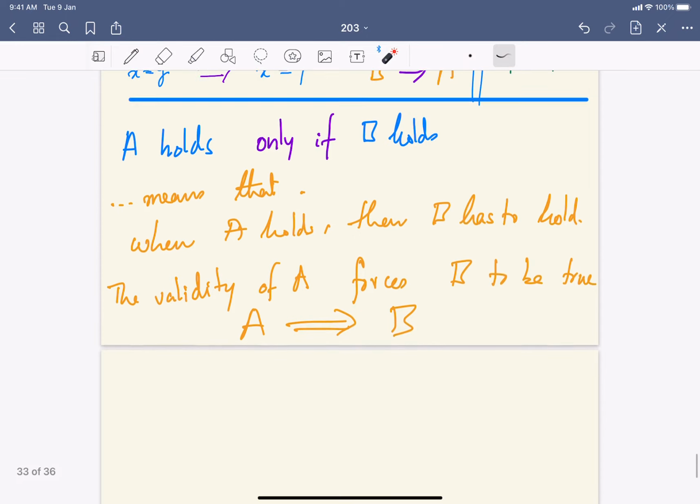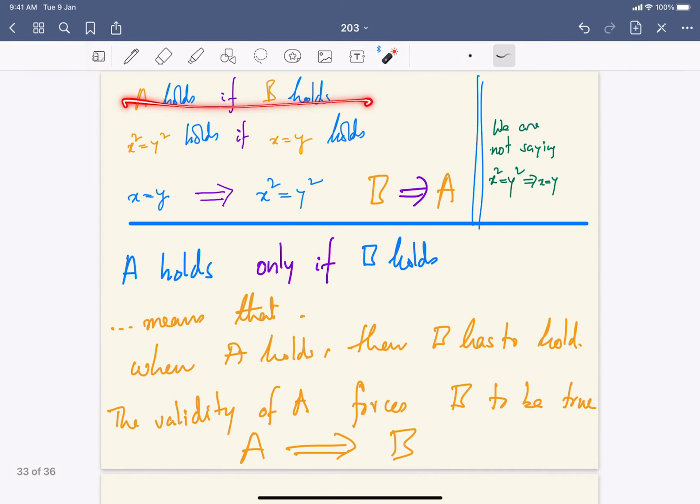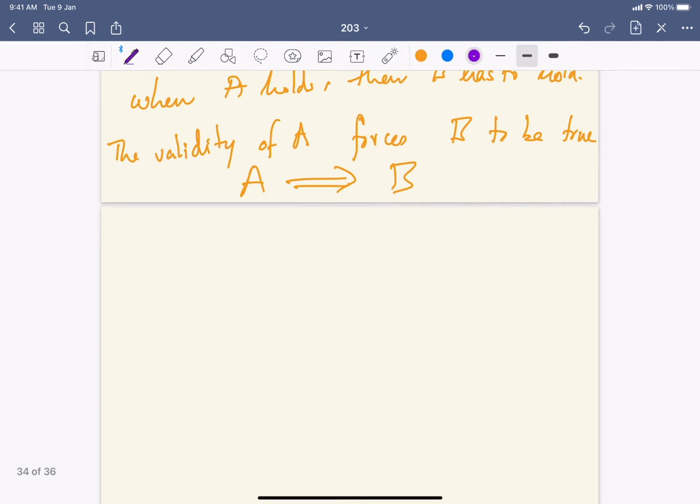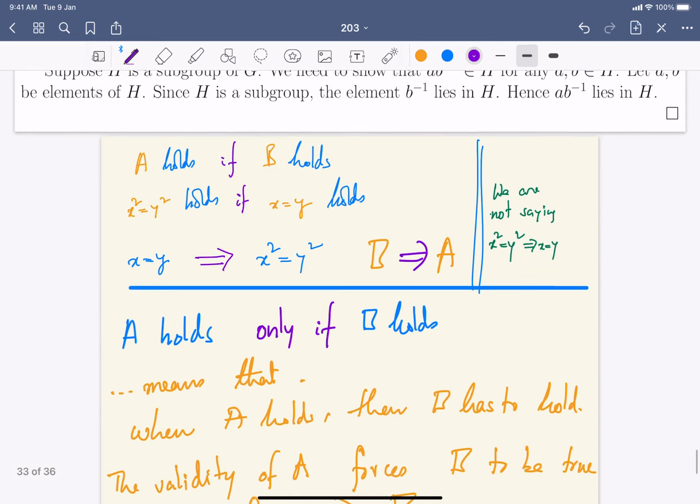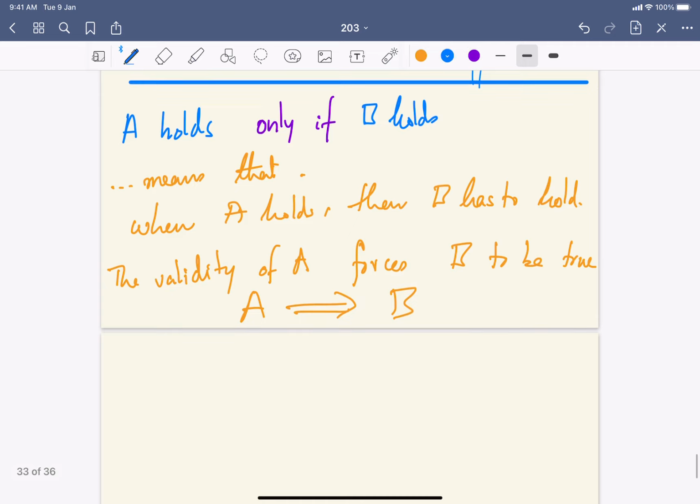Now let me summarize once again. A holds if B holds is the same as B implies A. Let me write it down.